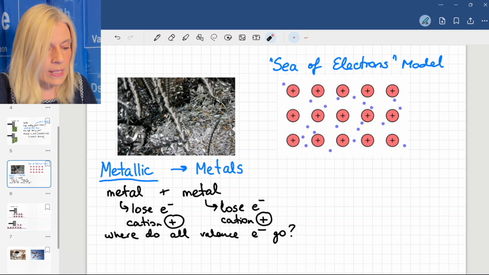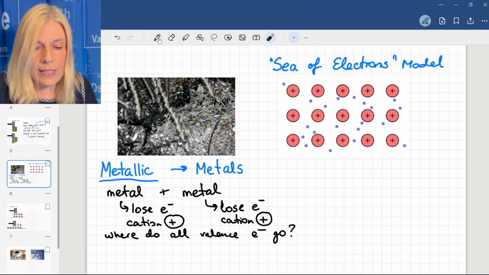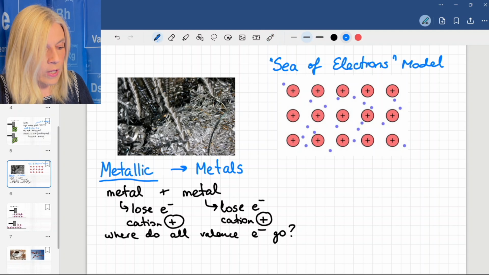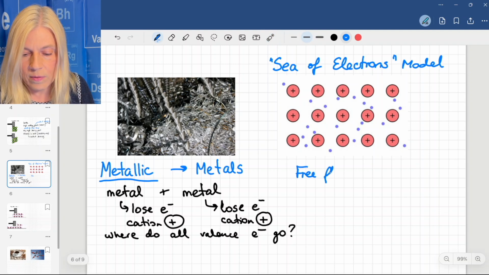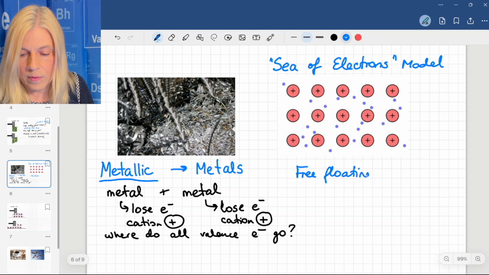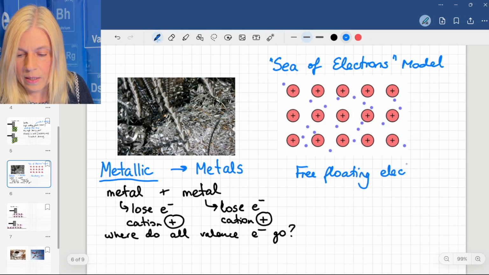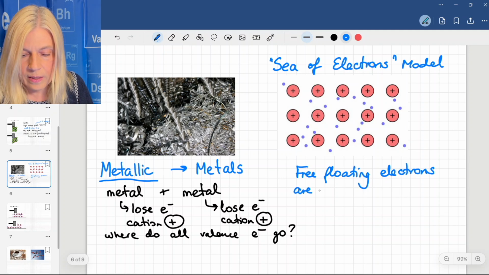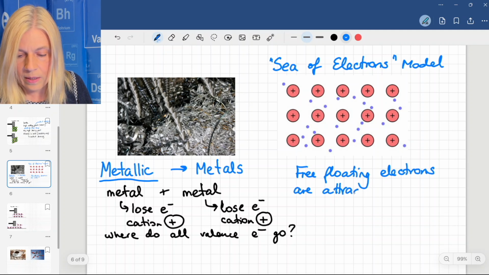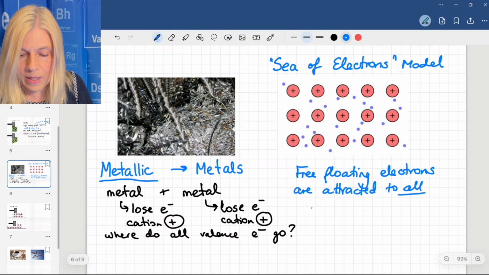So how does this bond stay together? Well, let's write this. The free floating electrons are attracted to all cations.